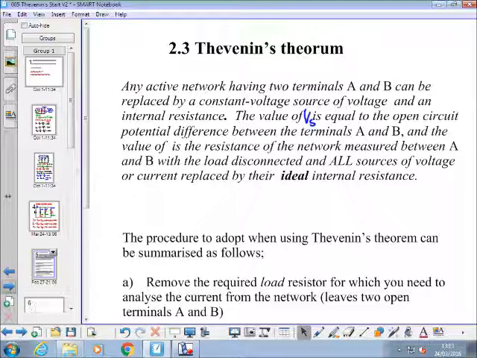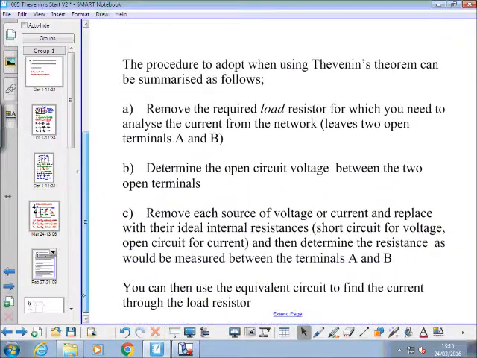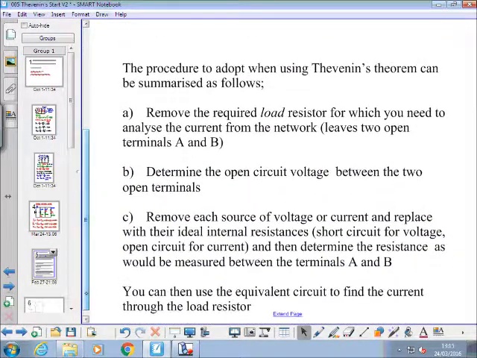Okay, so very wordy that is, but there's a procedure to adopt, and if you follow it carefully you can't go wrong. First thing you do is you remove the load resistor, the one that you're interested in analysing. So this is a technique where we want to analyse for one particular component in the circuit, the load resistor, if you like.